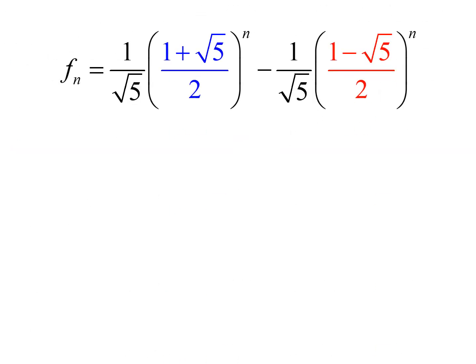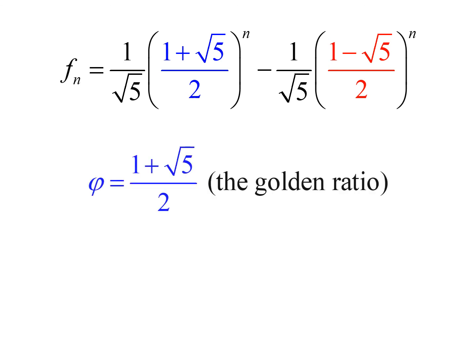So there's the formula, and the blue part, 1 plus root 5 over 2, that is called the golden ratio. It's an irrational number, and lots of times people use the Greek letter phi. Some people will use tau, but we're going to use phi here.